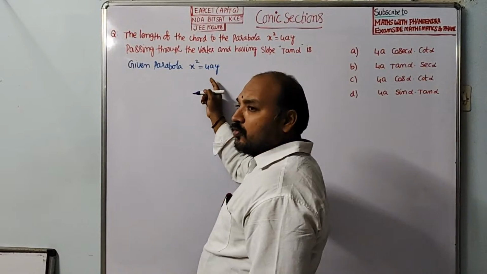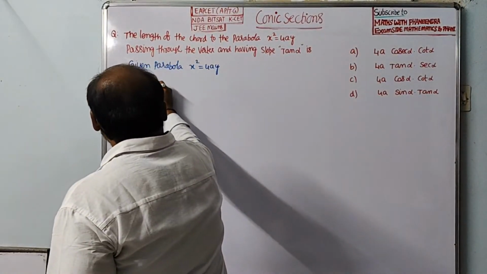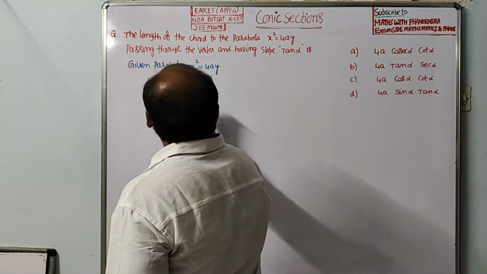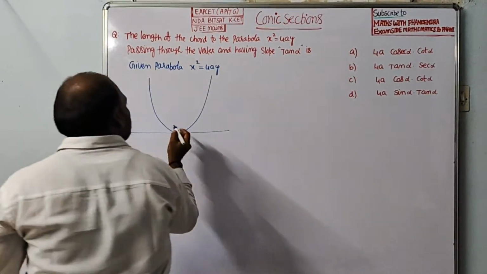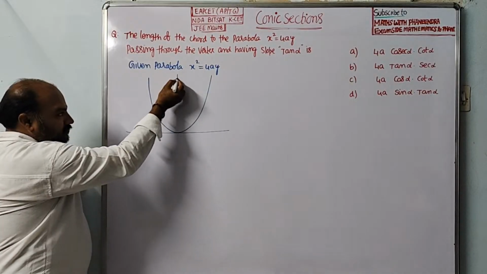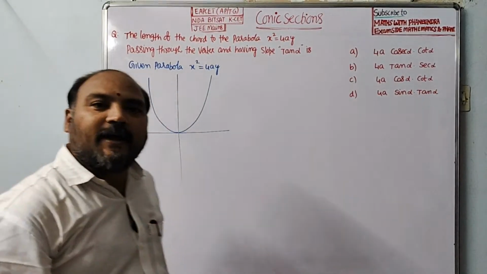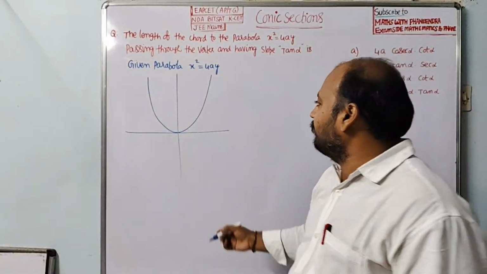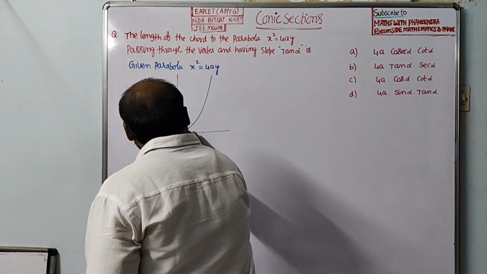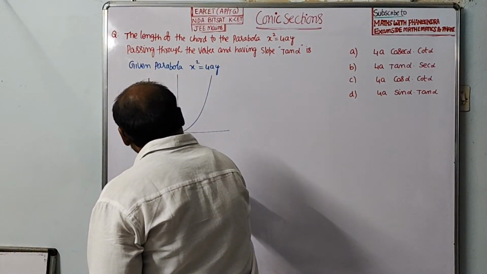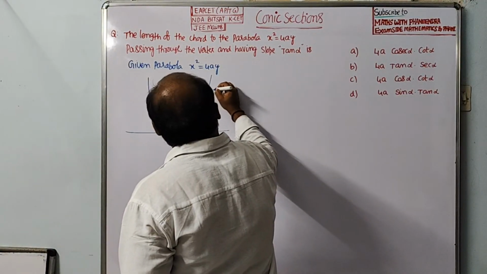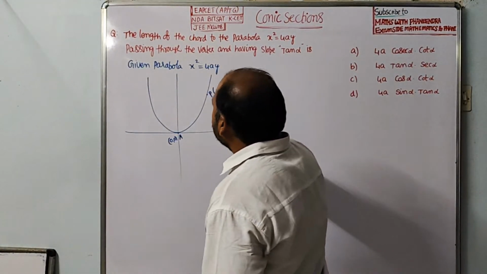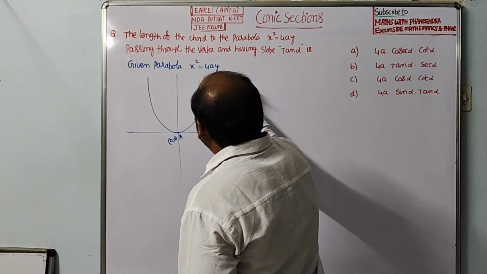You know that the figure will come like this, dear students. This is the x square is equal to 4ay figure. This is the axis of the parabola. So this is the vertex A, that is 0, comma 0. And you take any point here, a parametric point: x square is equal to 4ay means 2at, comma at square.